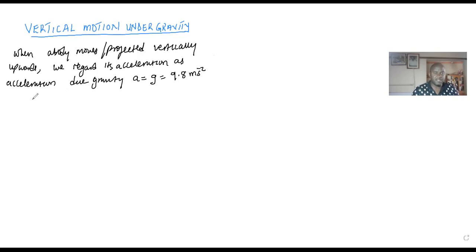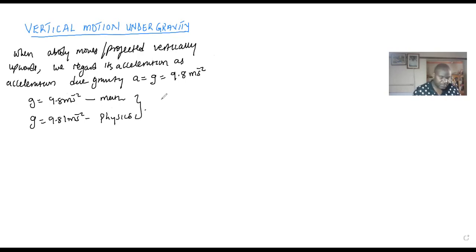So in math, small g is 9.8 meters per second squared. This is math. Then g is equal to 9.81 meters per second squared. This is in physics. So these are the 2 possibilities of the values of g that we need to have.